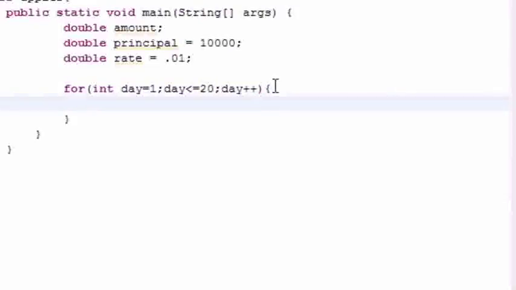Now let's get the good stuff. We want to solve for amount, so that's what we're going to be setting equal to, since we don't know what it is yet, but we do know the formula for it. It's principal, and make sure you type these right, times something to the power, and this calls for an outside method, Math.pow.